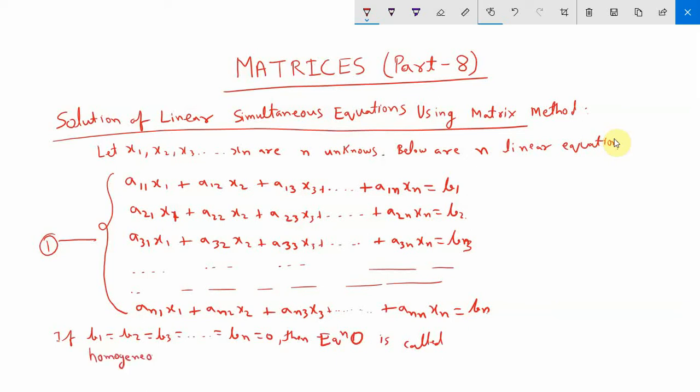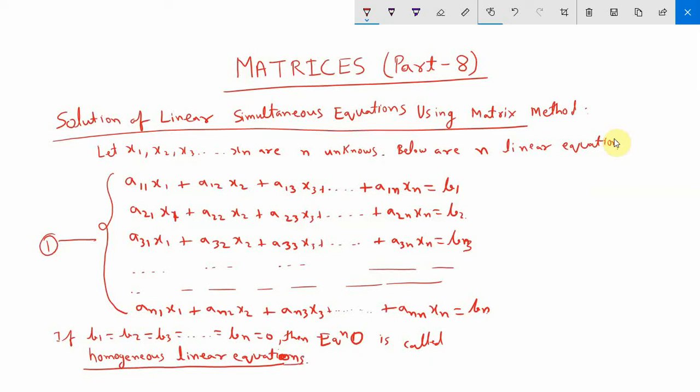So what are homogeneous linear equations? If all these are 0, then the system of equations given by 1 is called homogeneous linear equations.